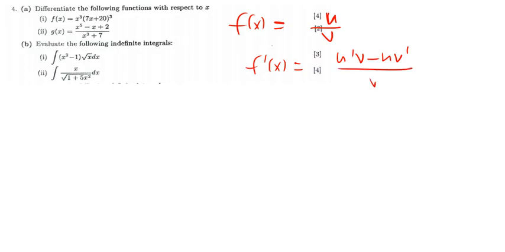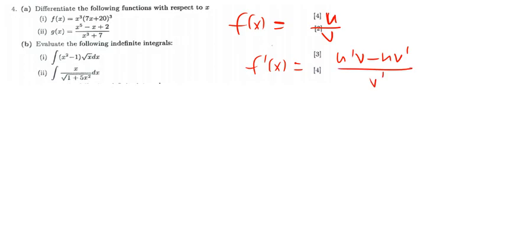Now that other question, which is the second one, it is a quotient law. If you have f of x equal to u divided by v, then f prime of x is going to be u prime v minus u v prime, divided by v squared.